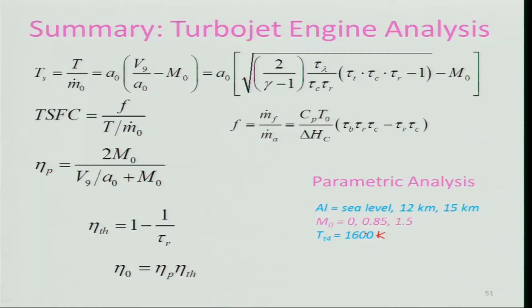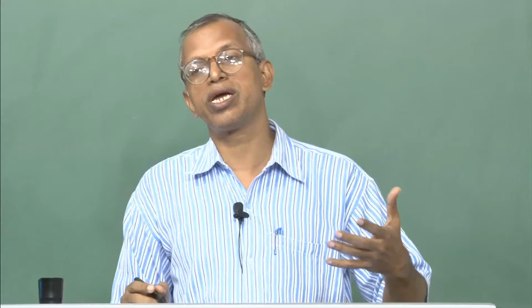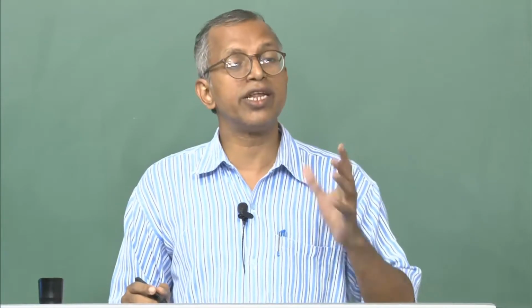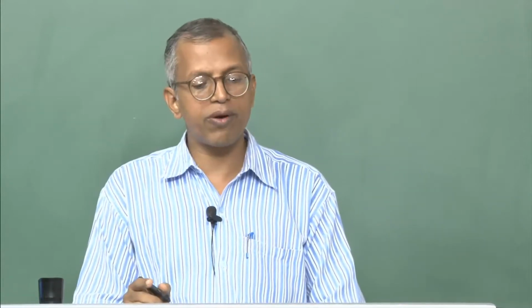Therefore we use the compression pressure ratio as a parameter that will be varying from 1 to 40, and see how we can choose a compressor, how we can choose a pressure ratio, because the compressor size and cost will depend on the pressure ratio you want to have for an engine, right? So that is a very important one.